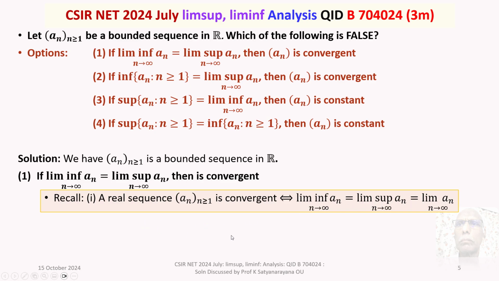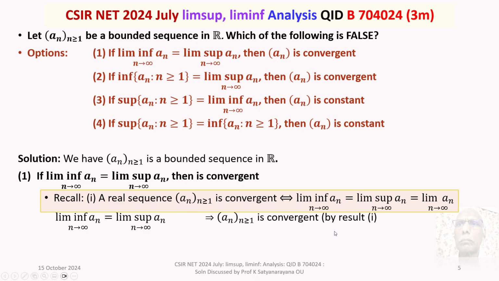So this is the result we have. Now limit inferior of a_n equal to limit superior a_n implies (a_n) is convergent by the above result. Therefore option 1 is true.